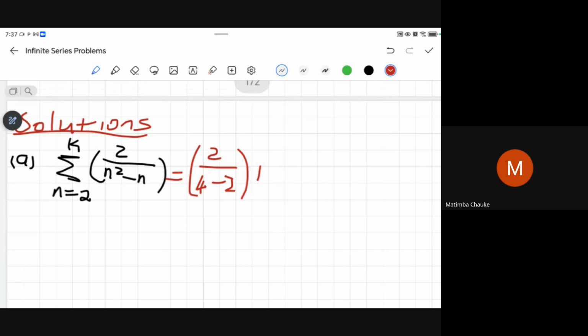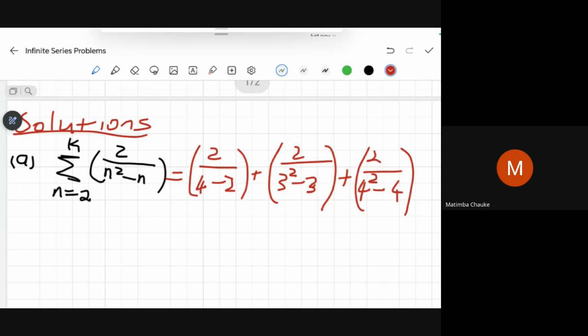You see, right? Then I come again, next one I plug in 3, so I say plus 2 over 3 squared minus 3, and I say plus 2 over 4 squared minus 4.